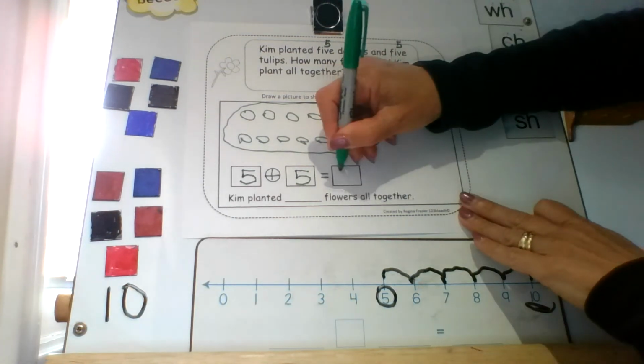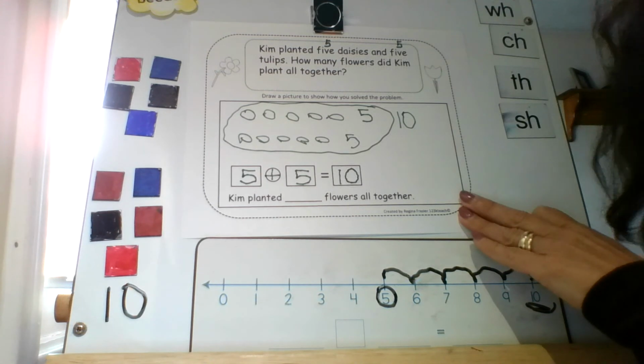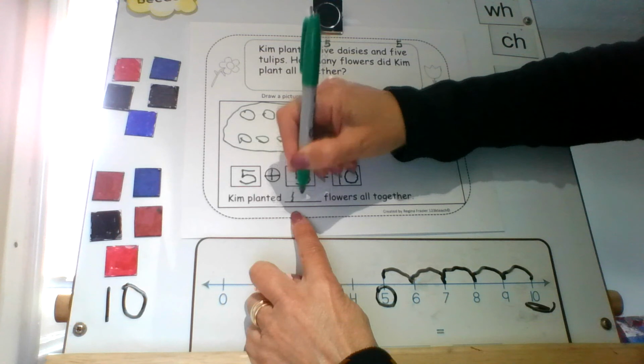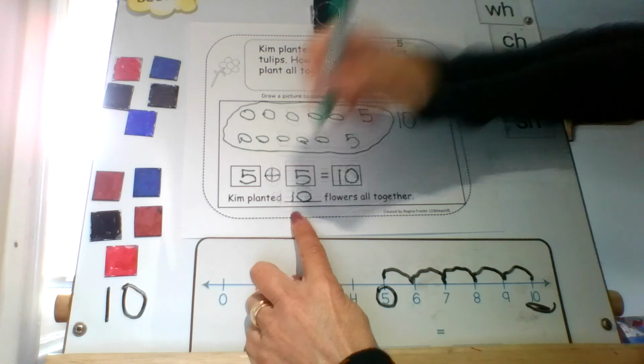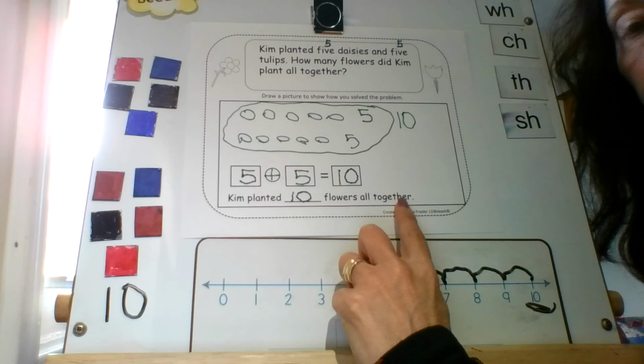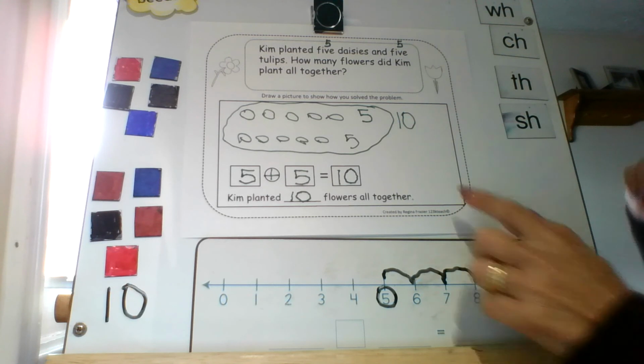It equals 10. So Kim planted 10 flowers all together. Very nice job. You did a really nice job with this.